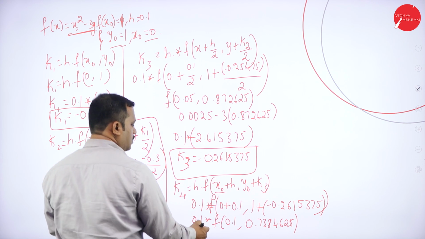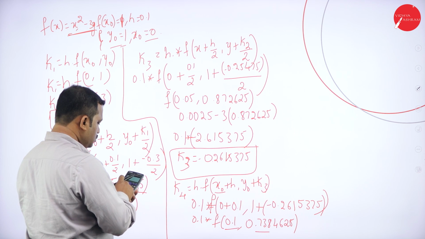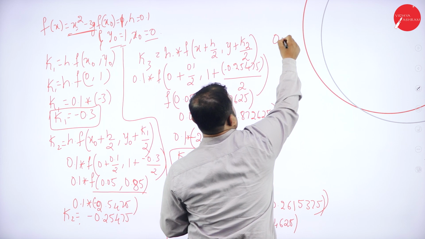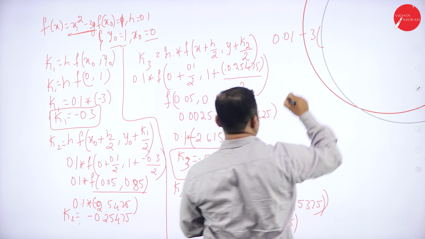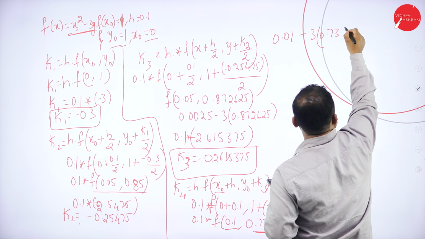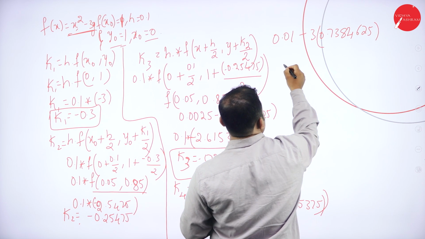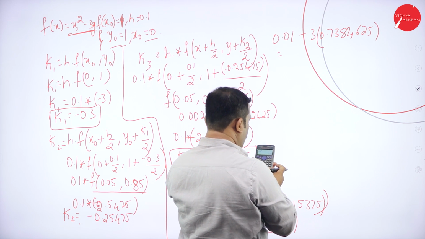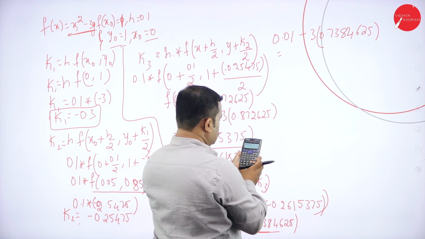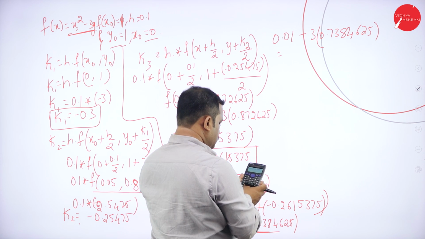This must be substituted. 0.1 whole square is equal to 0.01, minus 3 times 0.7384625.